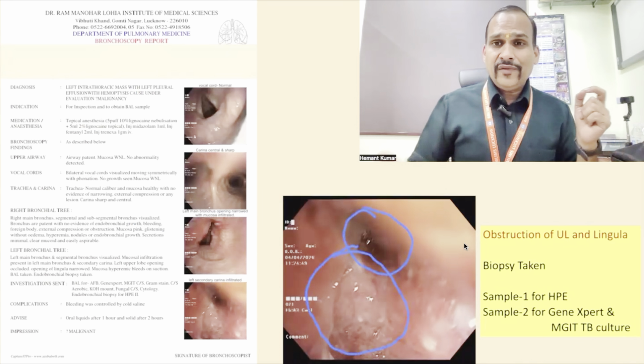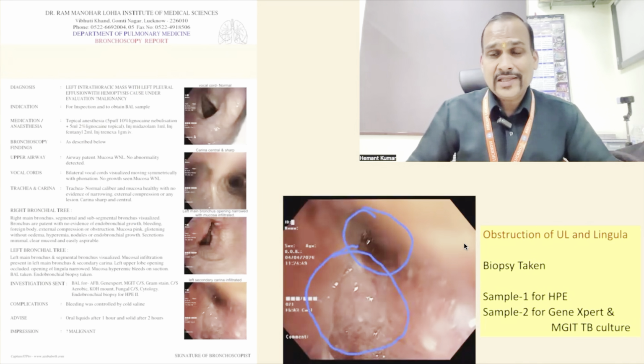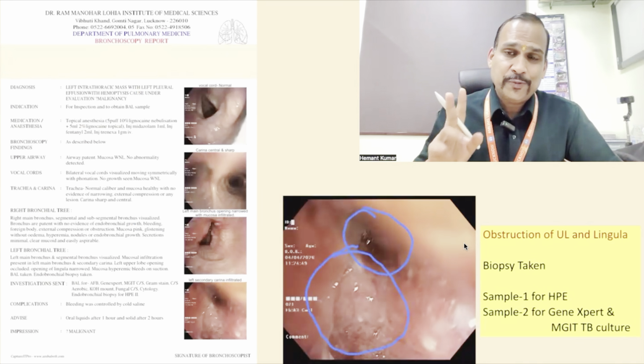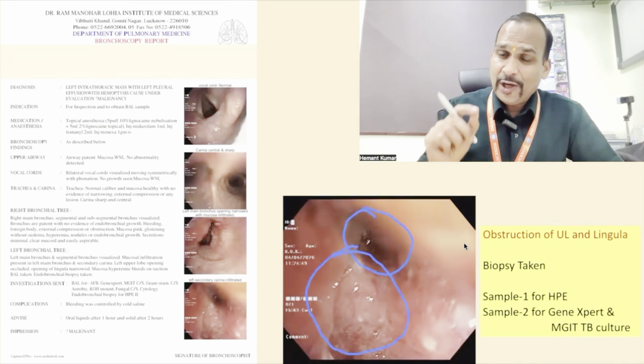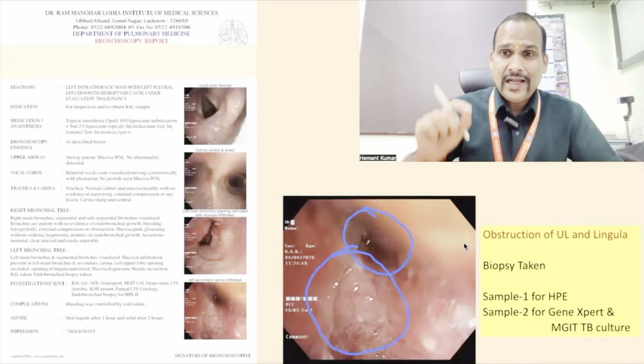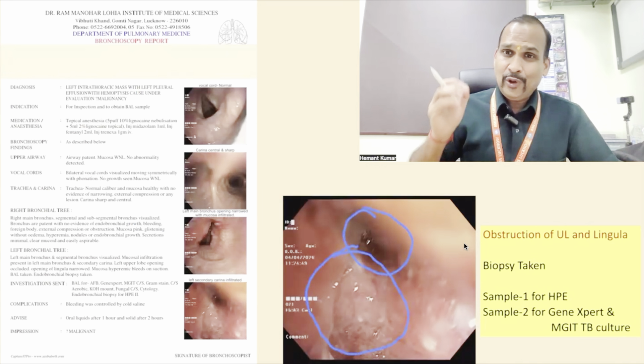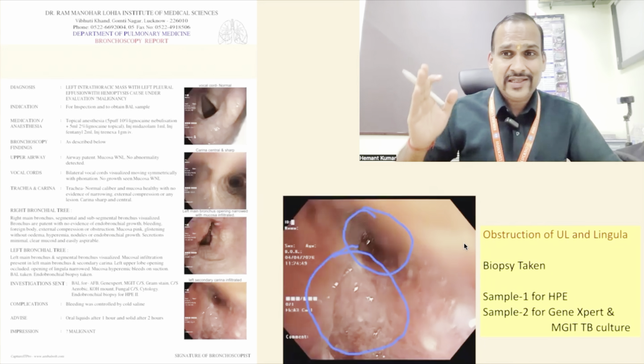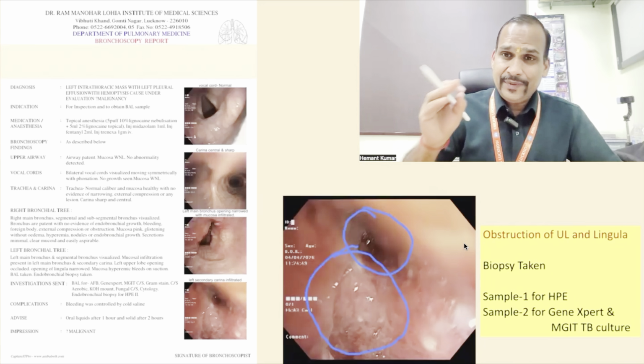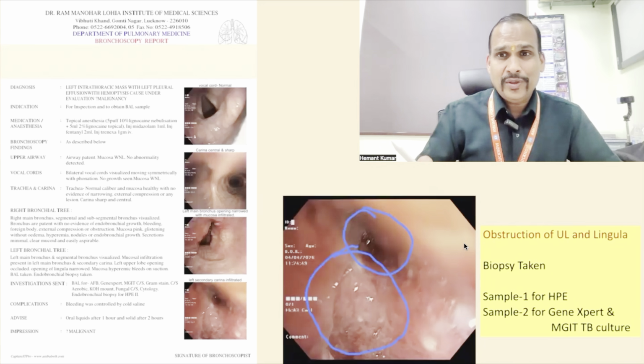Whenever you find intrabronchial mass, you have to take two biopsies at least. One biopsy for histopathology, another biopsy for microbiology, that is for GeneXpert and MGIT TB culture. Because in developing countries, especially in India, TB is more common.